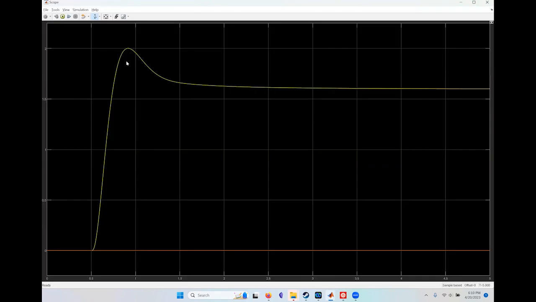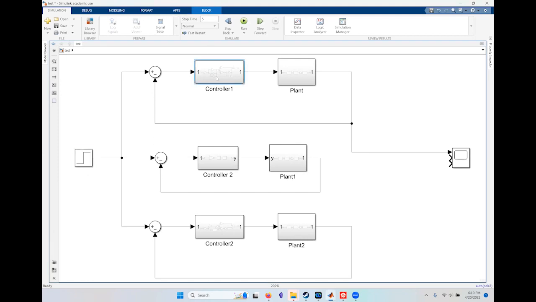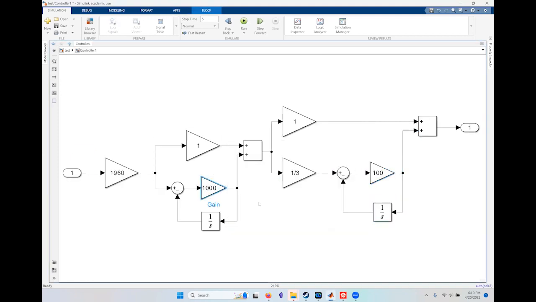The only reason there's a slight difference is that in my simulation, I can mitigate the effects of the differentiator by adding the pole at minus 100. What happens if I go back to my simulation and put, for example, 1000 here, put the pole at 1000?